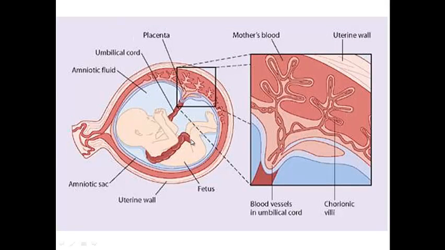As you can see here, the fetus has the umbilical cord, and that umbilical cord connects to the placenta, and you can see this area that's enlarged. What this is intended to show you is that the blood vessels in the umbilical cord that receive nutrients from the mother do not really touch the blood of the mother.